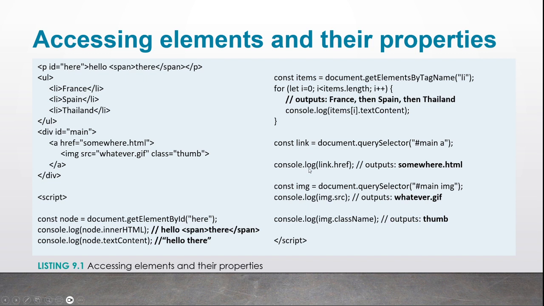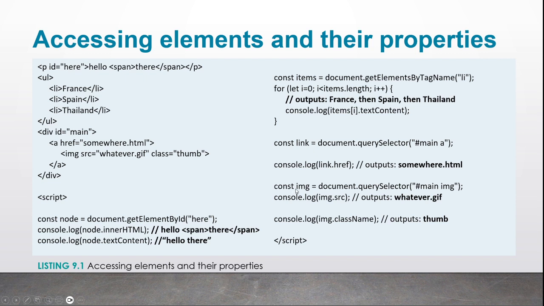And then since it's a link, we have those special properties. So within that variable, if there's an href, put what that is. And so it's going to console log, or write out in the console, where that link leads. So in this case, somewhere.html.